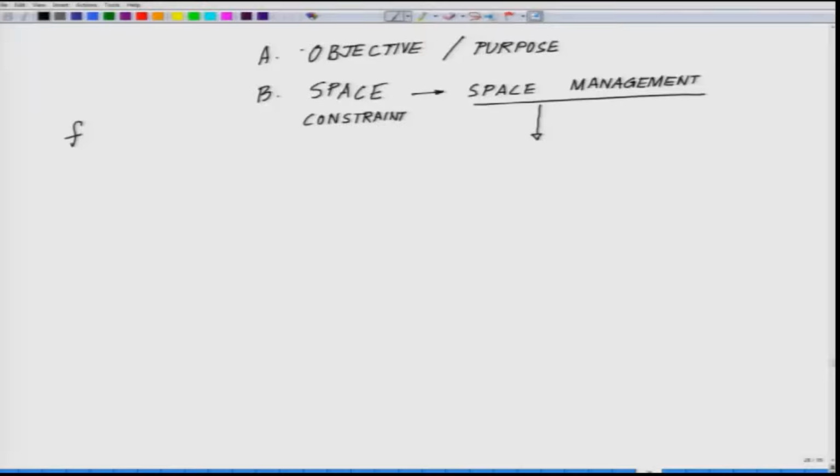Point 2, we will again come back to this space constraint. Point 3 is your financial constraint, because wherever you set up a lab, you will always have financial constraints and optimization.